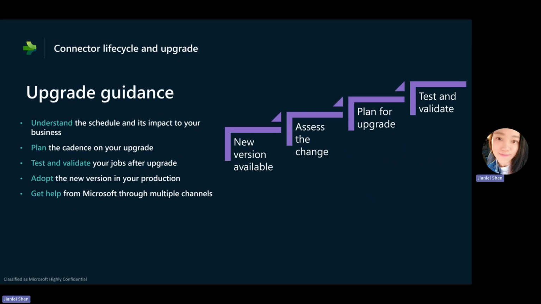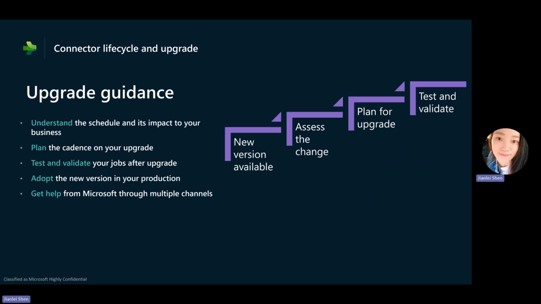This is connector-level information which we will provide through multiple channels, including public docs, communities, and many external sessions that we deliver, to help customers understand for a certain version in one connector what the schedule will be for public preview, GA, or end of support, so that you can plan your project.